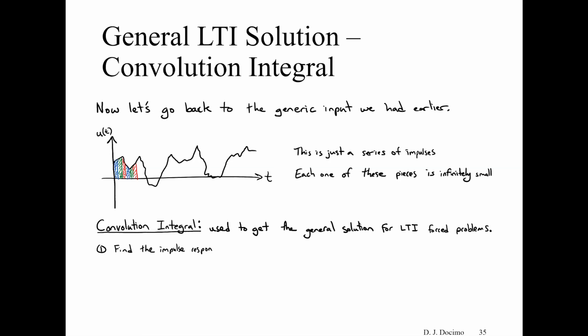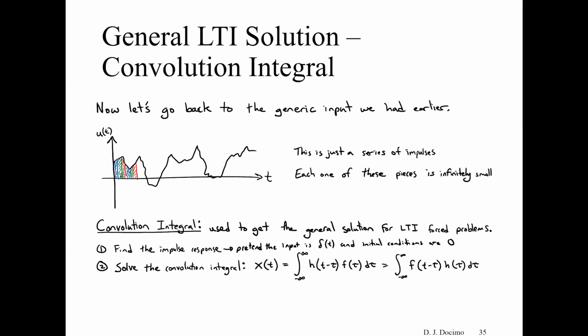So what do we do? We figure out what our impulse response would be. We can pretend the input is our Dirac delta function, and our initial conditions are 0. We're going to solve our convolution integral, which is going to be this complicated expression here, but it's actually not too bad, where we have x of t is equal to the integral from negative infinity to positive infinity of h of t minus tau times f of tau times d tau.